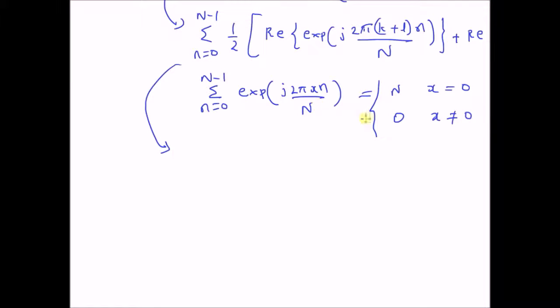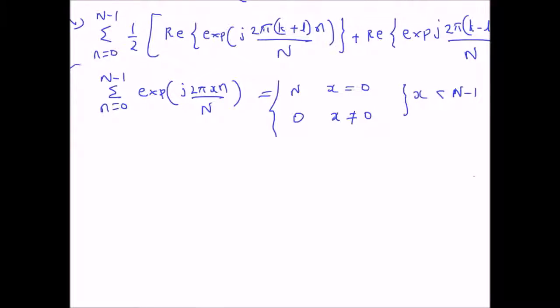So now by using this identity, the summation of a geometric series of exponentials from n equal to 0 to N minus 1 is clearly equal to N when x is equal to 0 and 0 when x is not equal to 0, as long as x is less than N minus 1.